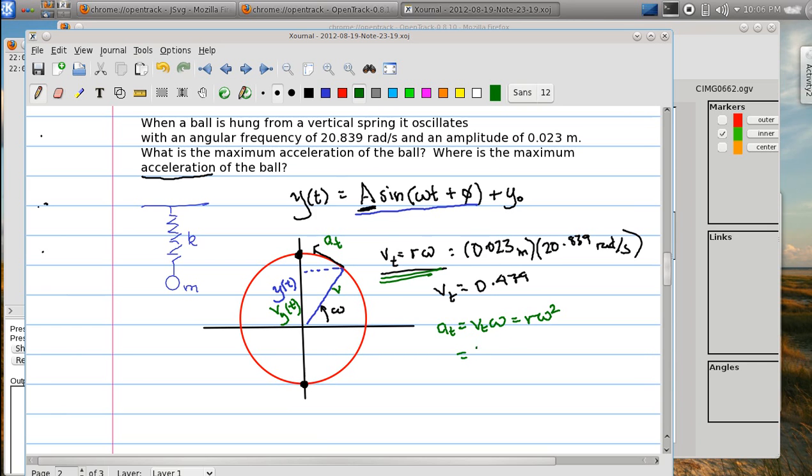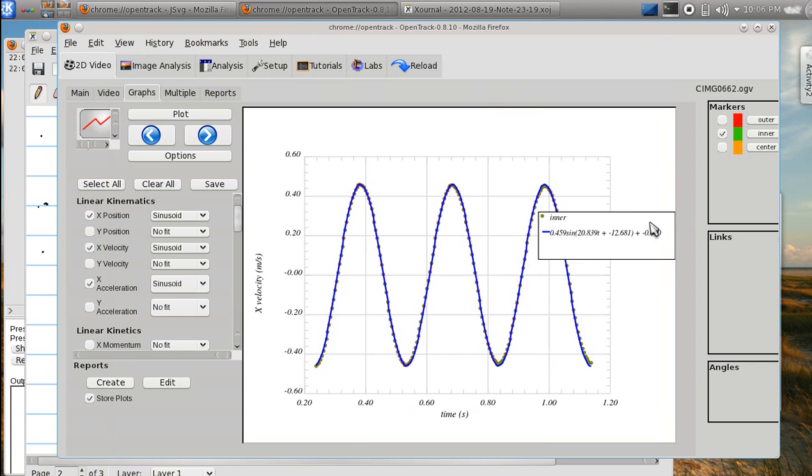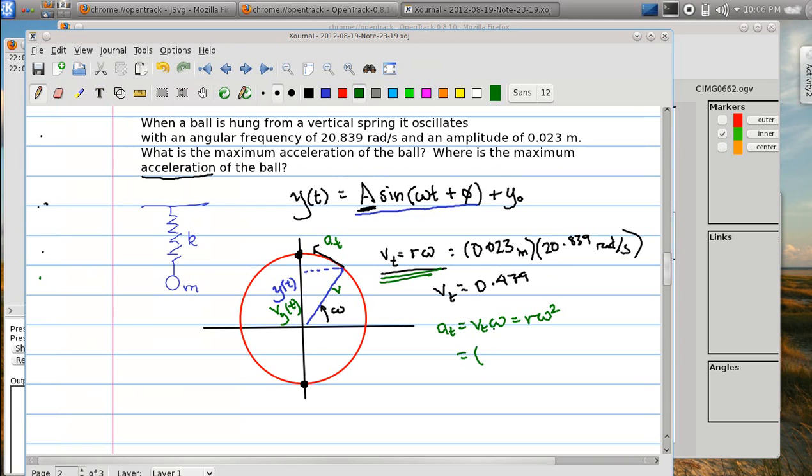If we plug in the value we have from this graph, so 0.459, and this is now meters per second, and of course I neglected units there, meters per second. And then we put in our omega of 20.839 radians per second. The units are going to come out correctly. Let's plug those numbers in.